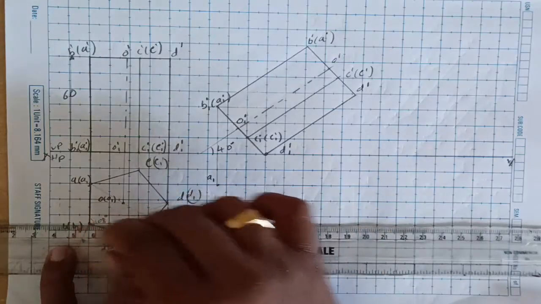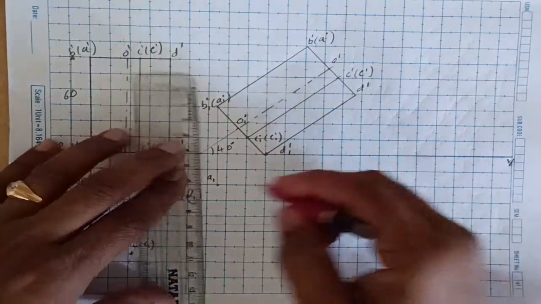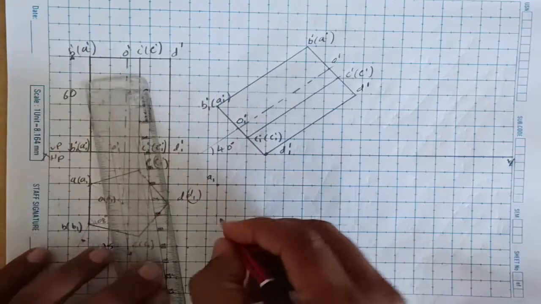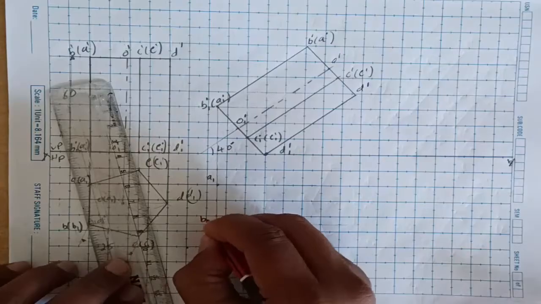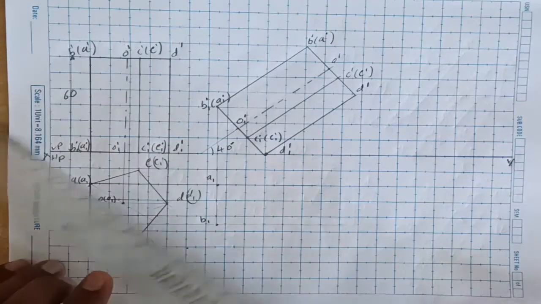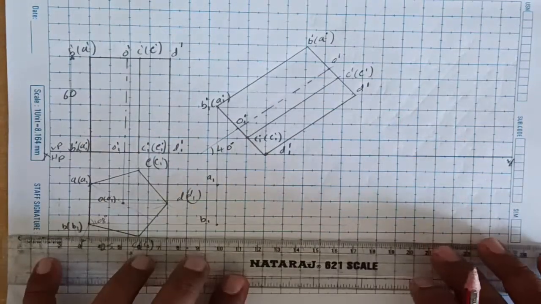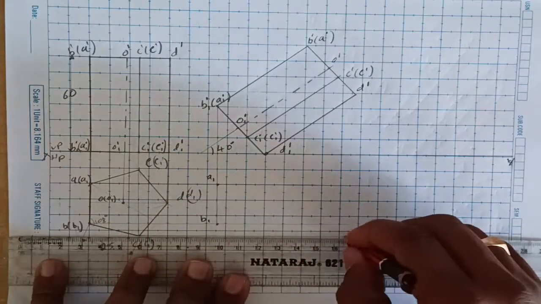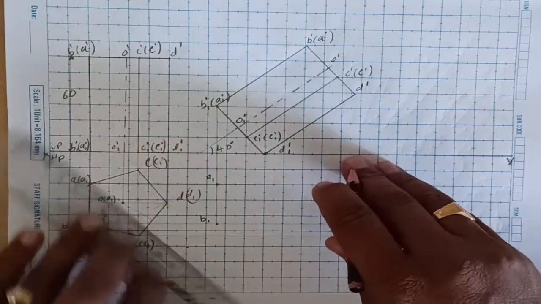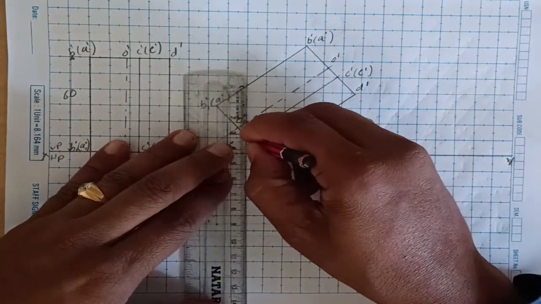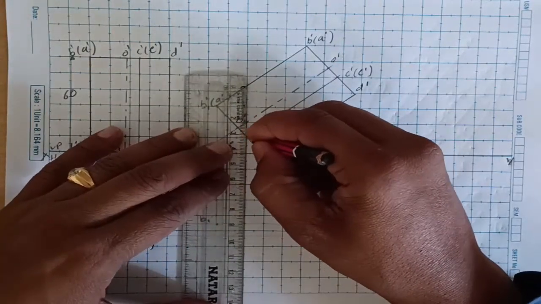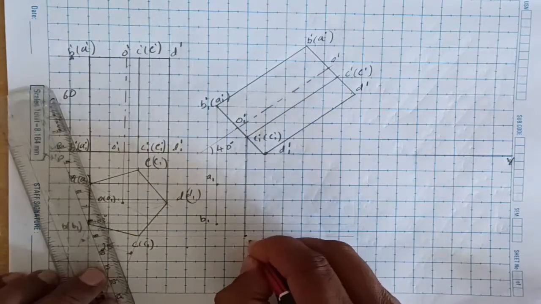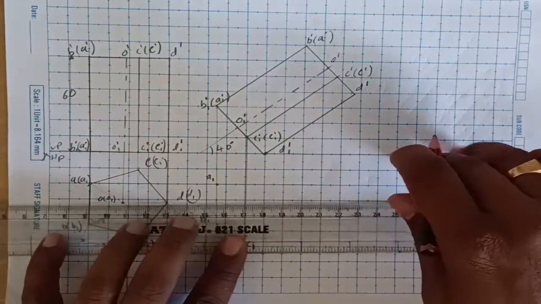Similarly B1, draw the line for B1 and then extend the same line, because B1 is also on the same B1 dash. So this point is B1, and then for the C1 you draw the line from your C1, horizontal line, and then from the C1 dash, and this point is C1, and next D1.